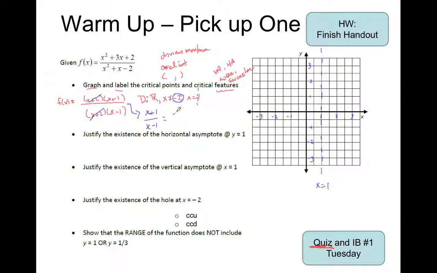So I'm going to plug -2 plus 1, -2 minus 1, and I get -1 over -3. Check my math, am I right there? Which of course is positive 1/3. So at -2, positive 1/3, I have a hole. Oh, that's a terrible hole.